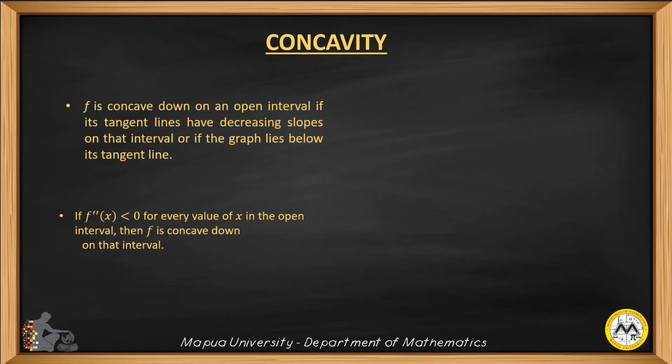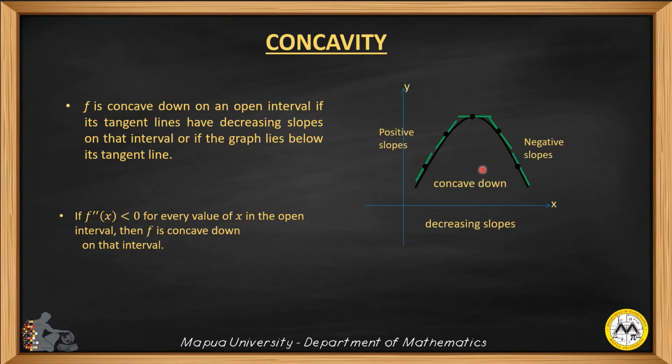When the graph is with downward concavity, this is what we're going to observe. Consider the graph of some function as given by the black curve there. Going from left to right, observe that the tangent lines drawn at points on the curve are with decreasing slopes. On the left side, we have the tangent lines with positive slopes. Over here, the slope is 0, and on the right, the tangent lines are said to be with negative slopes.